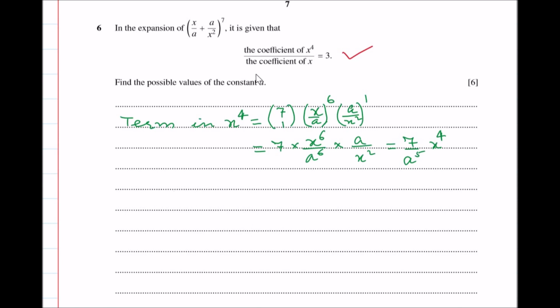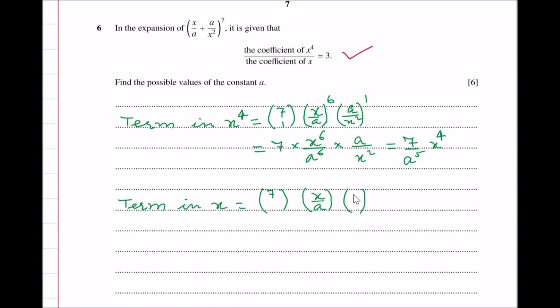Now the other term, we have to find the term in x. So let us find. Again, we need to put three brackets here. Okay, the first part will again have 7 here, r value not known, and the first term is x by a, so write here x by a.